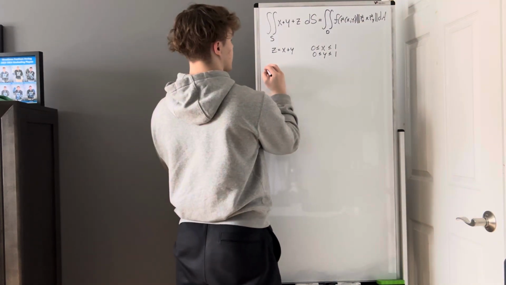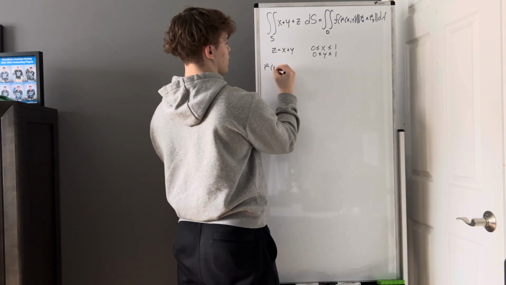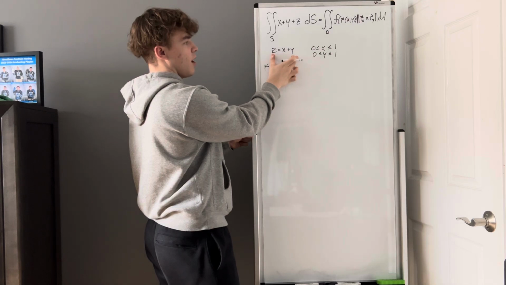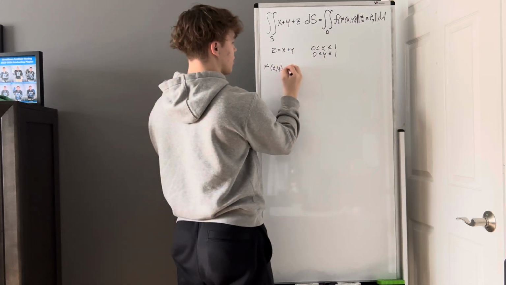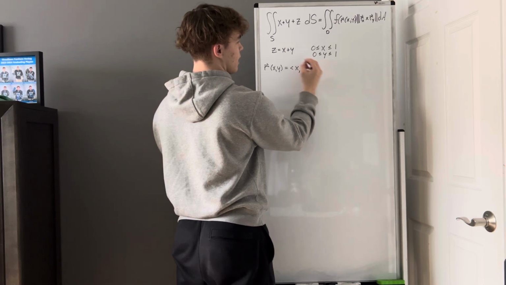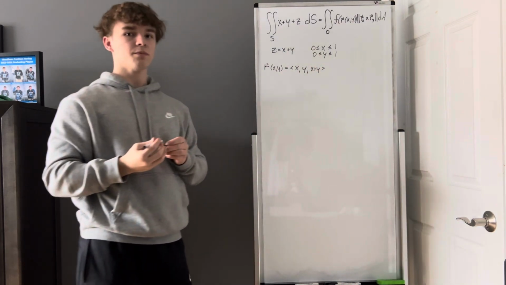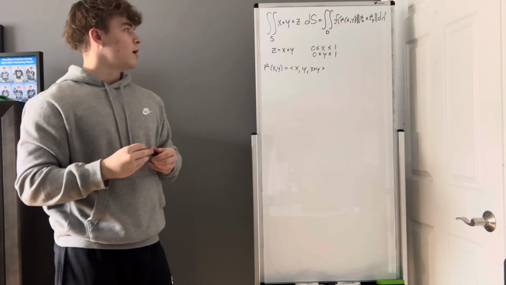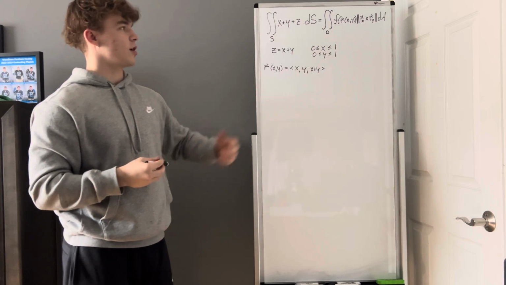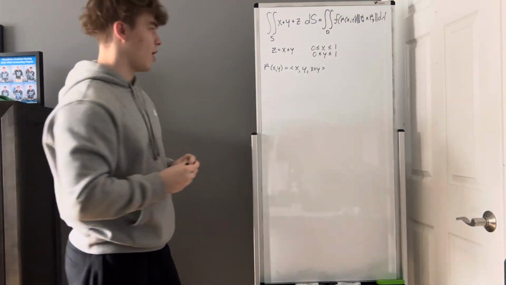So let's parametrize this surface. Well, this is pretty easy since we have an explicit function of x and y. So we're just going to have x, y, and what does z equal? x plus y. Now we will have to take the partial derivative of this parametrization vector with respect to x and y.